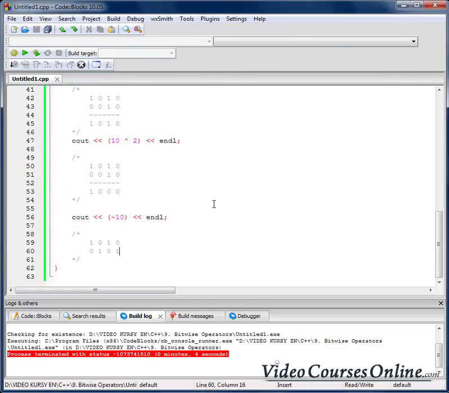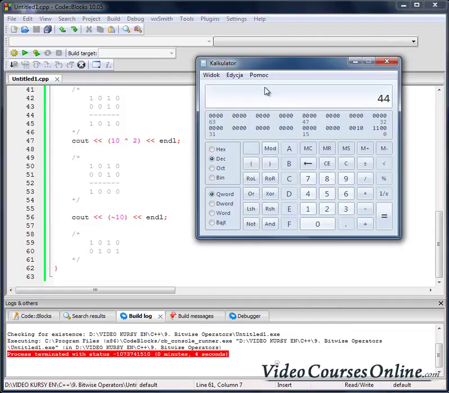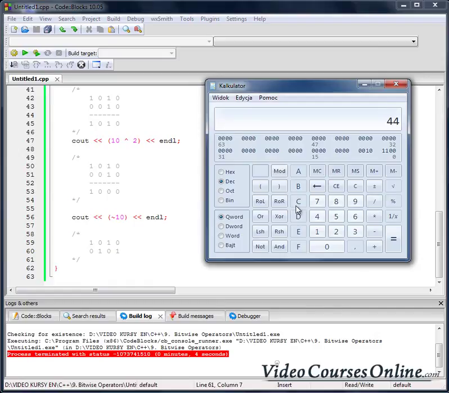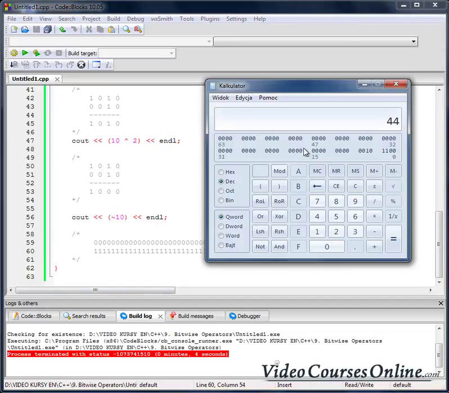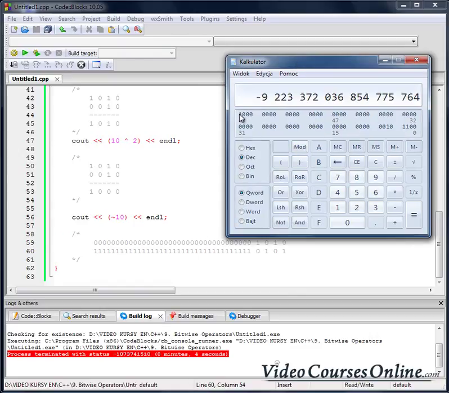minus 11. Why? As you have probably noticed when I was running that calculator here, look how many zeros we have here. So here are so many zeros, and that many zeros are changed to 1, right? Also, in programming, if you want to achieve a negative number, the first bit must be 1. The first bit here indicates that the number will be, as you can see, negative.